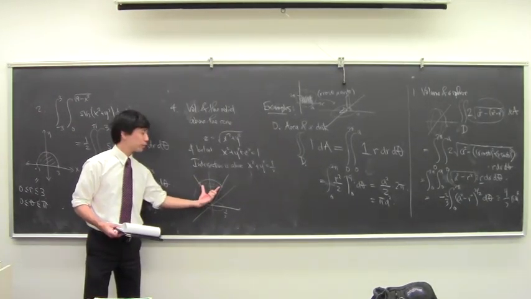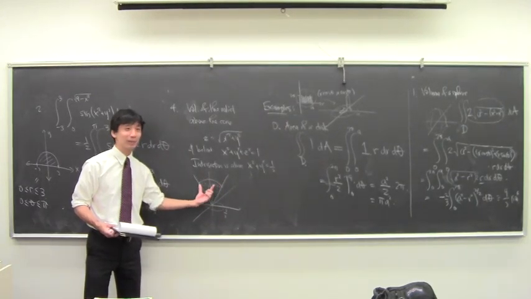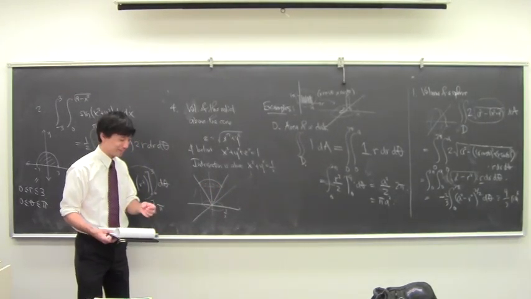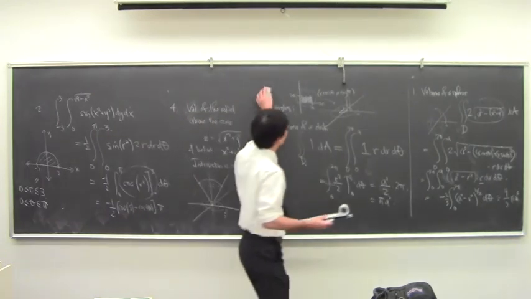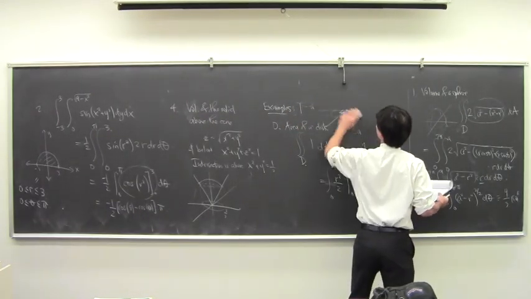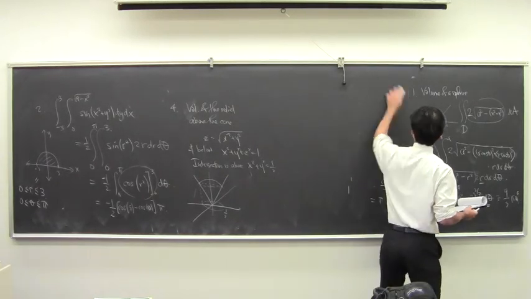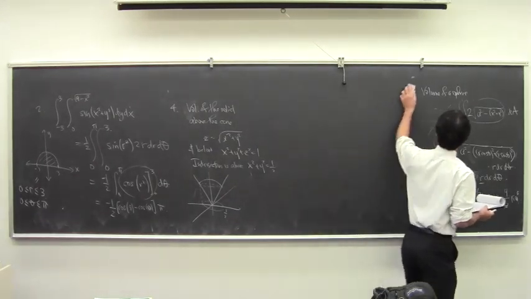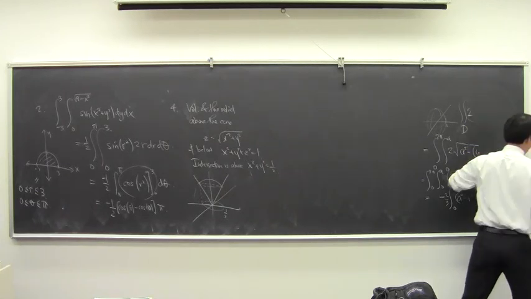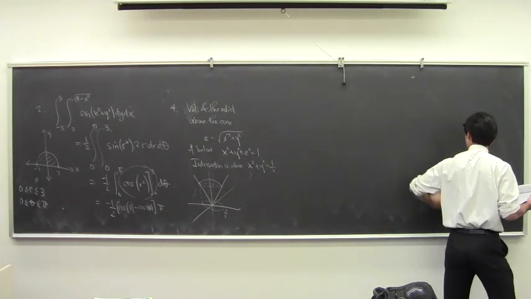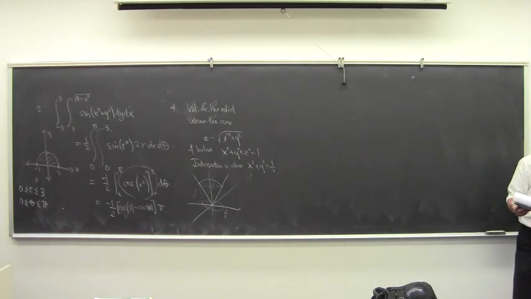Looks sort of like an ice cream cone, like a disappointing ice cream cone. Right, so take 1 minute and set up the integral in polar form.